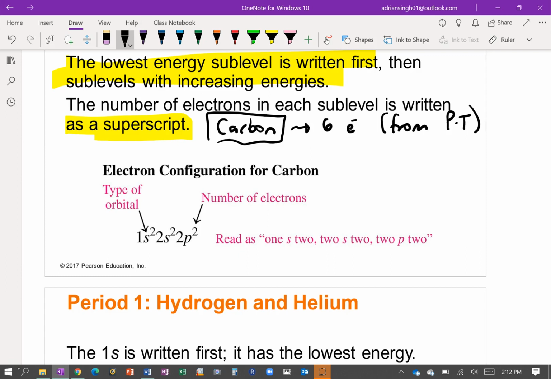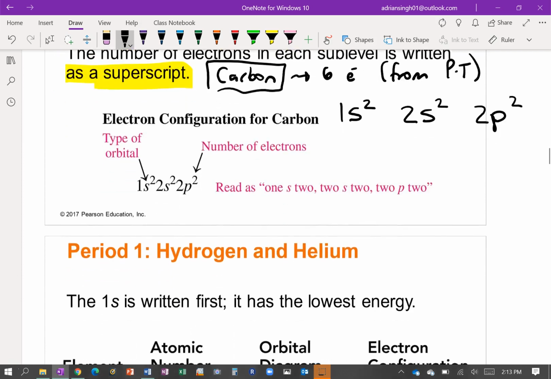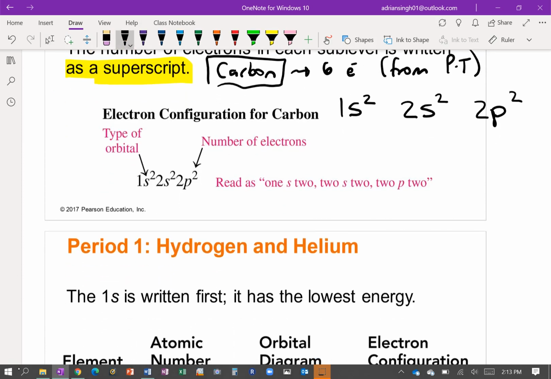So when we configure those electrons, we'll see that they conform to the following. It'll be 1s with a superscript of 2, 2s with a superscript of 2, and then 2p with a superscript of 2. So the way that we read that is 1s2, 2s2, 2p2, right? Not 1s squared, 2s squared, 2p squared.